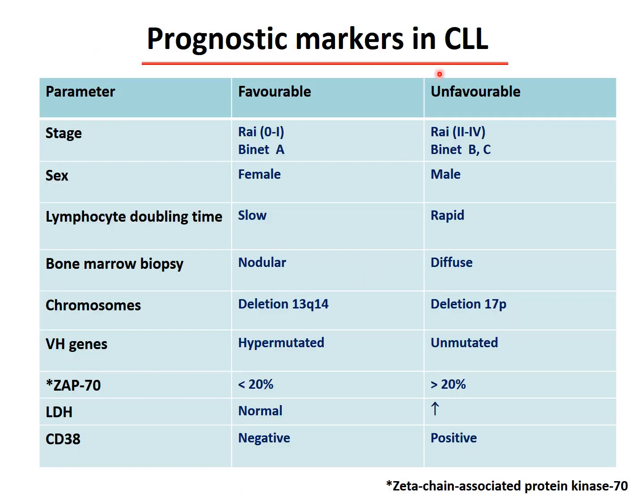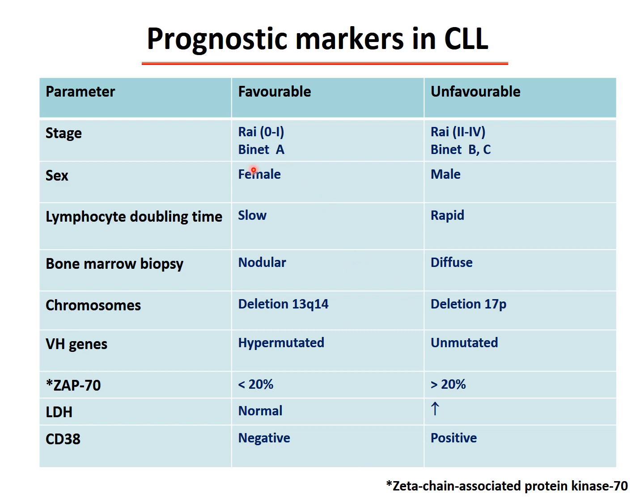This is not enough to diagnose CLL, but before you start treating the patient, you have to give a clue about the prognosis of this patient, whether it's good or bad. Mostly it is good. Now, this table is going to summarize those markers that should be checked, to inform the patient about the status of the disease.